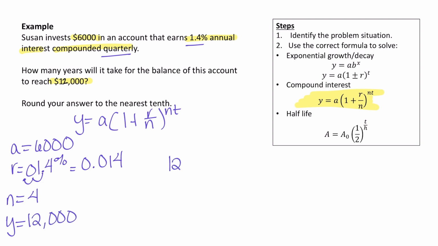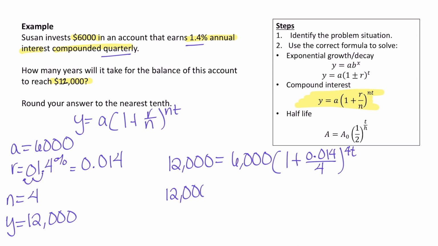So we have 12,000 equals 6,000 times 1 plus R, which is 0.014, and then that's over N, which is 4, to the 4 times T. So we have 12,000 equals 6,000 times 1 plus 0.014 over 4.